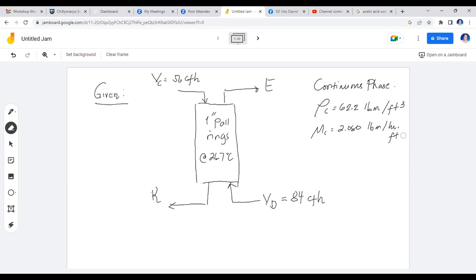Pound mass per hour, per foot. Then we have for the dispersed phase, we have the density here to be 54.